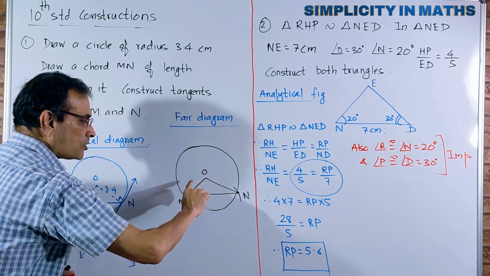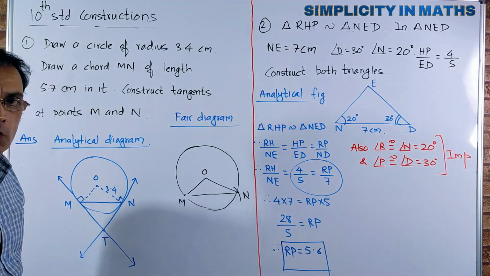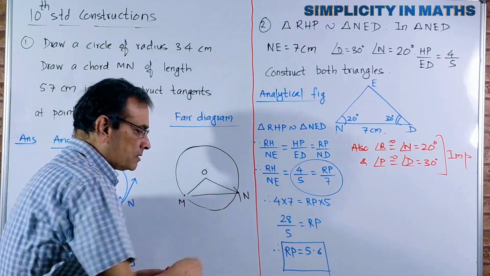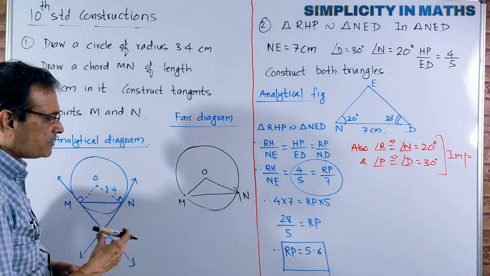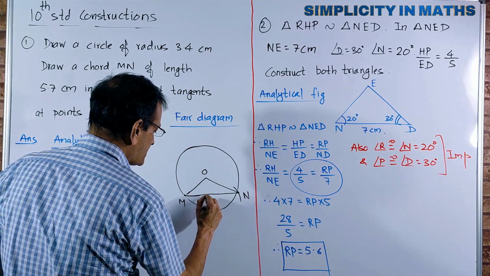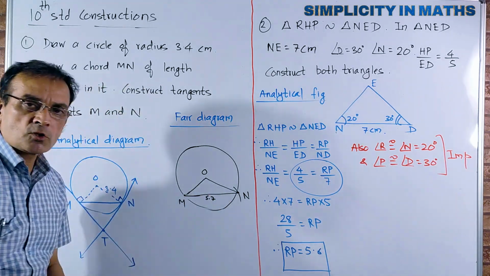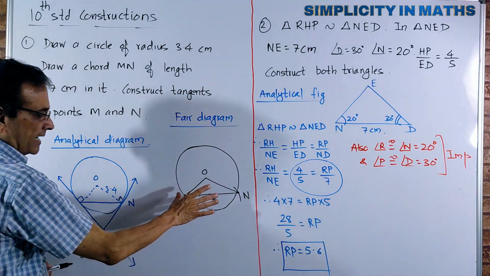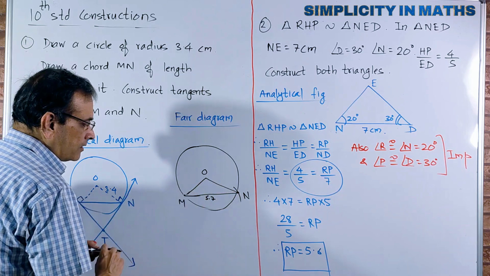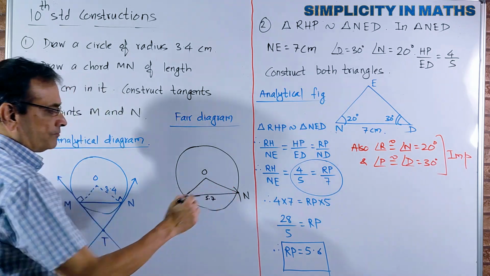If the arc comes like this, the chord will be like this. It is up to you. Chord can be like this also. As far as possible, try to draw a straight chord. So this is 5.7. Okay. So keeping the rounder at any point on the circle, measure 5.7, draw an arc, draw chord MN.